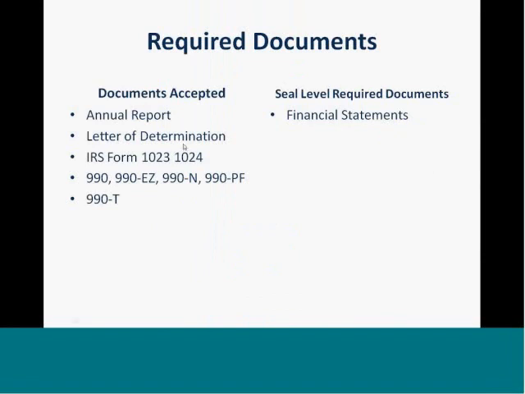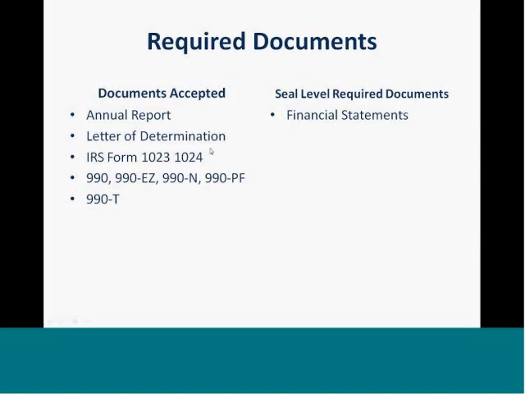So for required documents, we do accept the annual report, letter of determination, and various IRS 990s, 1023s, and others. As many of you know, we digitize the 990, but it does take a while from the time the nonprofit sends the 990 to the IRS, to the time the IRS approves it and sends it to us for digitization, then posts online. So we do have a section for your nonprofit to upload your latest 990.